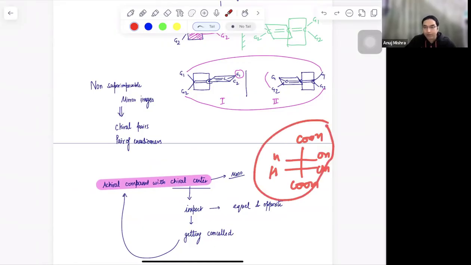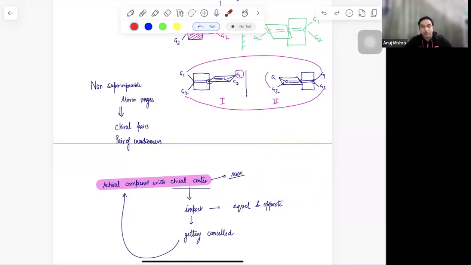We looked for some kind of plane of symmetry inside the compound, where H cancels H and OH cancels OH. Internal plane of symmetry, internal cancellation. The net optical rotation value will become 0 in such cases. So that is called meso.